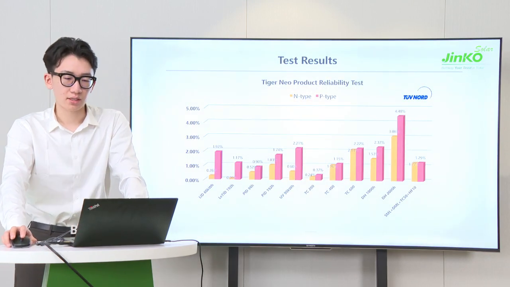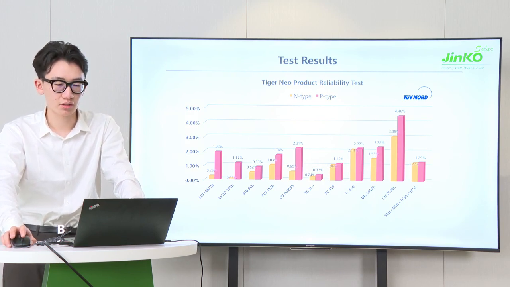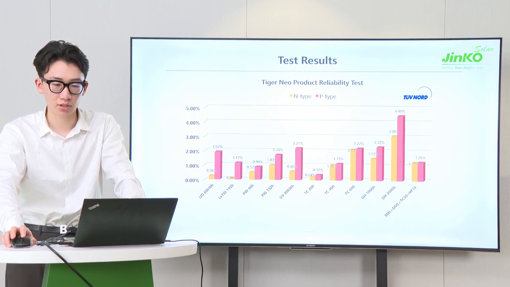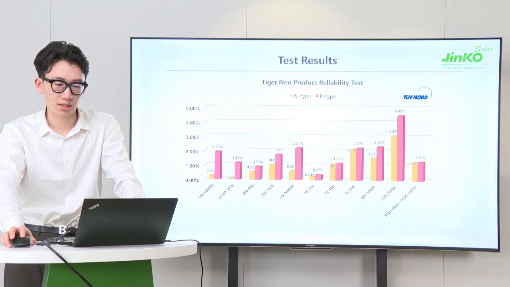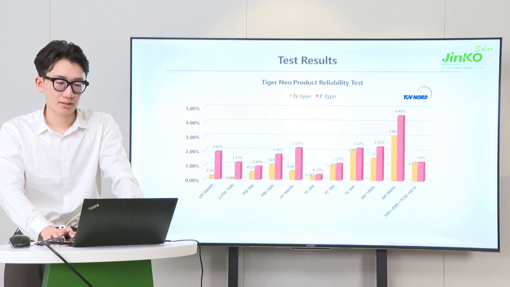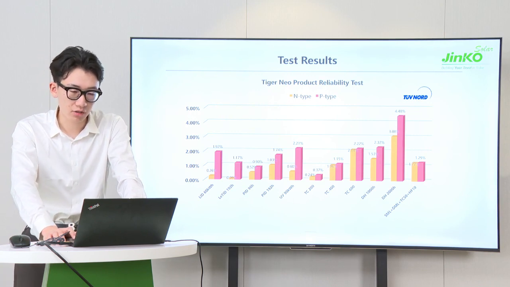All these results conducted by TUV Nord fully verify the high reliability of Jinko Solar's N-type, which has lower LID and LETID than PERC, due to its high efficiency cell technology and high quality N-type silicon wafer, which not only eliminates the LID caused by boron and oxygen complex defects, but also has a higher minority carrier lifetime.